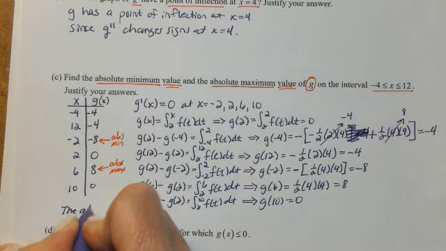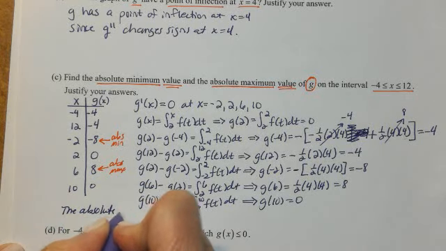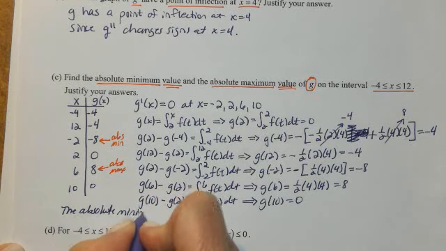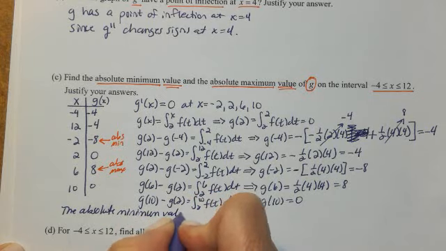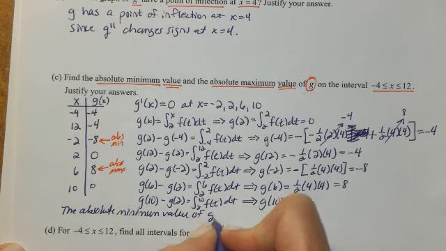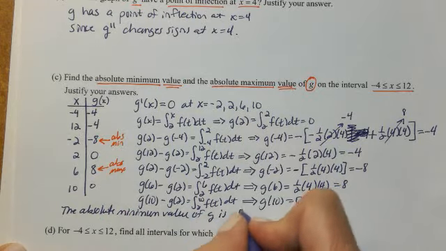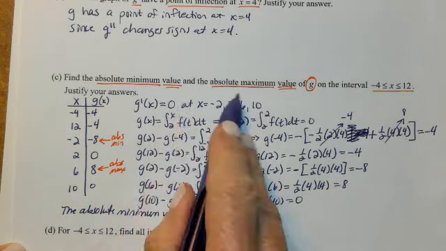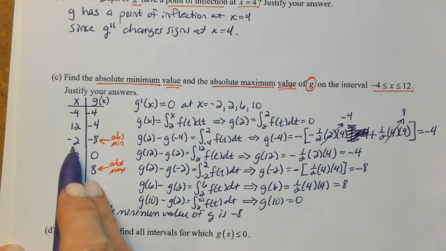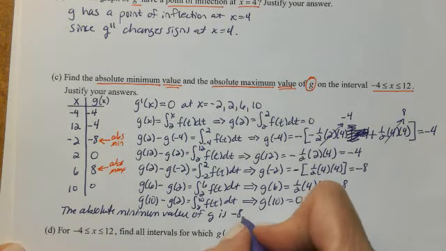The absolute minimum value of G is negative 8. They did not ask me for the x value, so I don't have to say that it occurs when x is negative 2. It's not wrong to say it occurs at negative 2, but we don't have to.